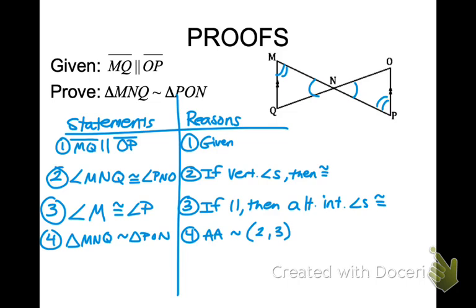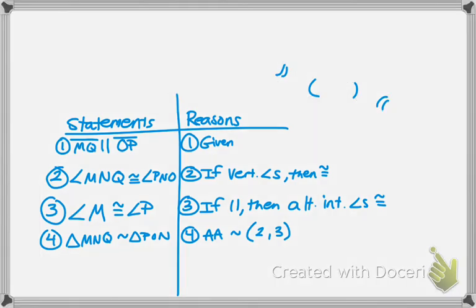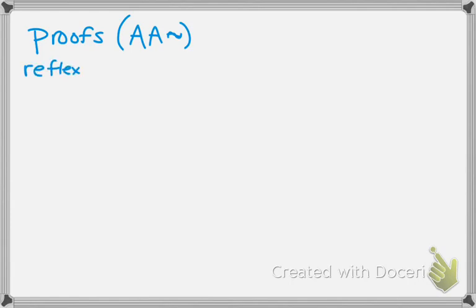So if you have your index card in front of you, maybe you want to write down all of our options on there. So for proofs, where we're doing just angle similarity, we can have the reflexive property.